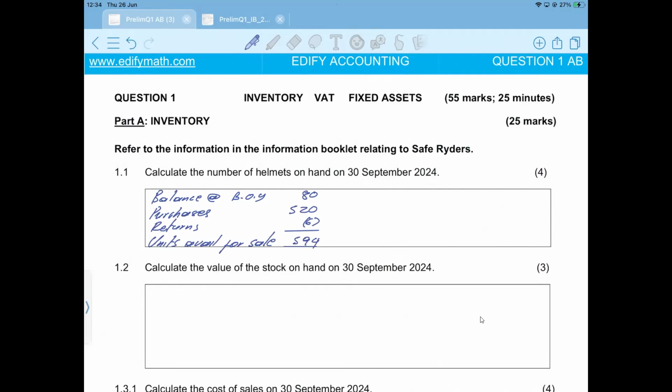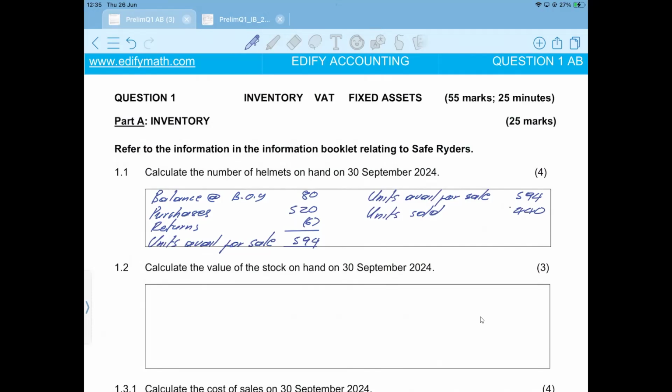Then you're going to take units available for sale of 594 and compare them to units sold, and that was 440. Just to explain this, we have 594 units or helmets at our disposal that we are willing to sell. However, out of these units, we only sold 440.